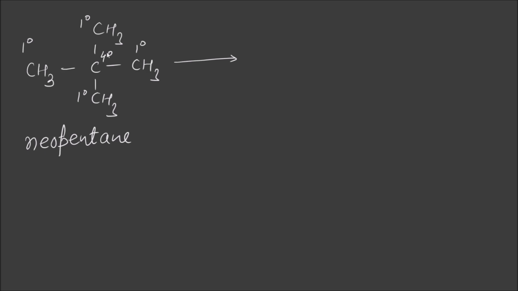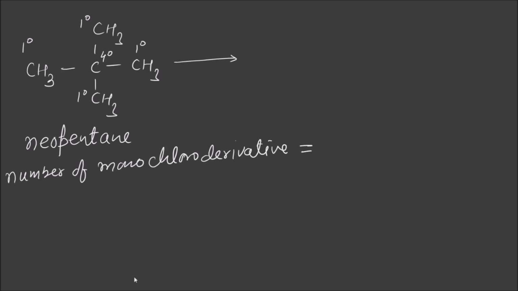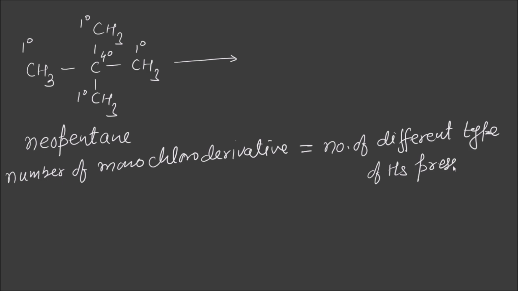That's why I didn't ask how many types of hydrogens are present. Actually, the number of monochloro derivatives is equal to the number of different types of hydrogens present, not carbons. There are 2 types of carbons, but the quaternary carbon has no hydrogen.